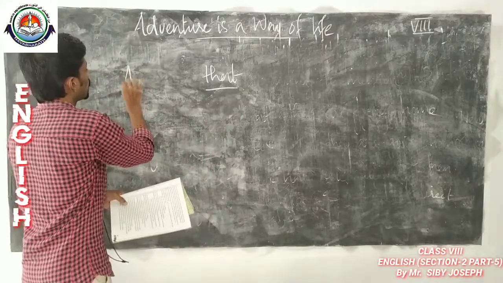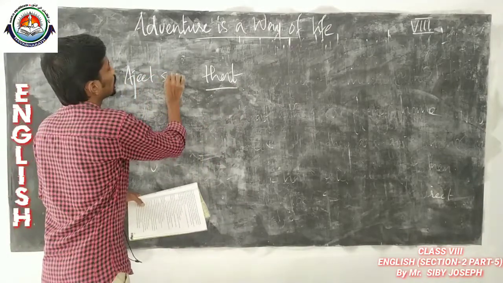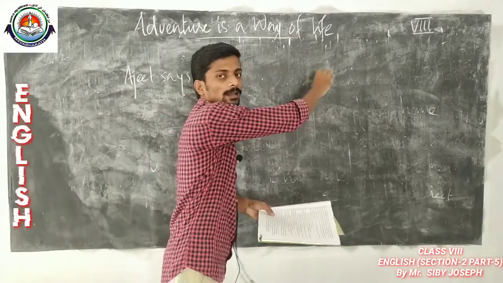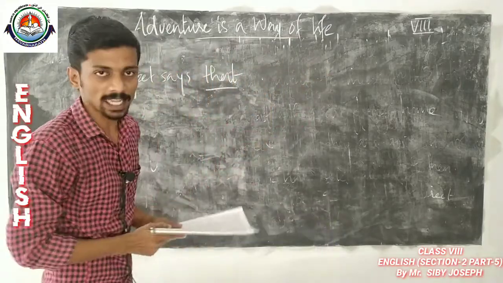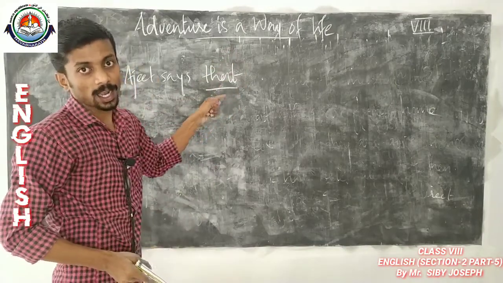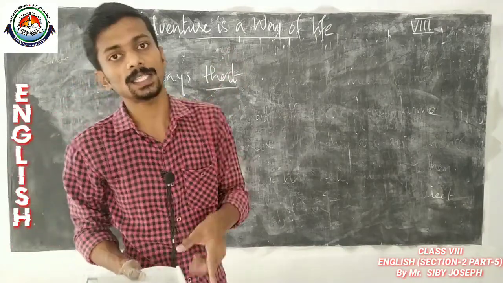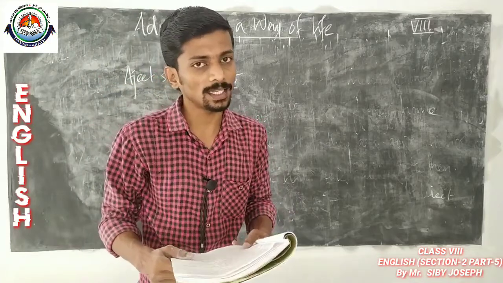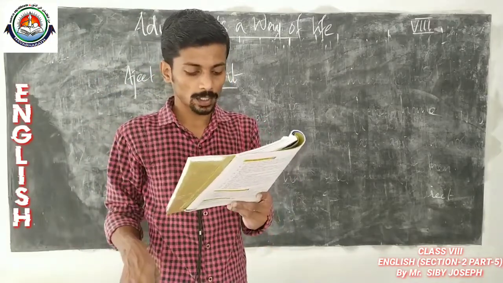See, for example, Ajit says that they are going home. So, in every sentence there will be an introductory word, and if you convert a question, we never use such an introductory word. That is the rule. So, look at the example.